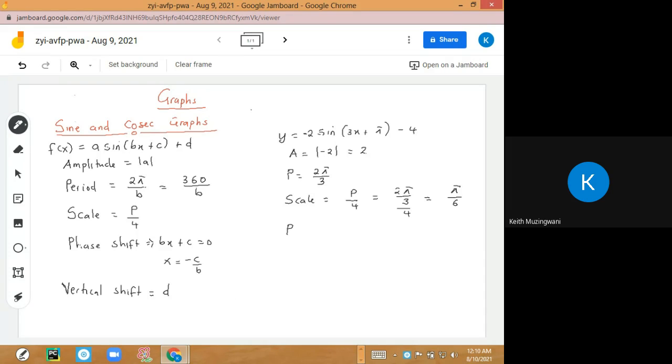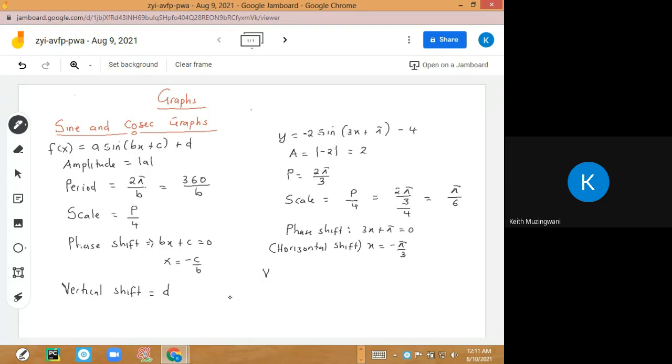Then the first shift, you would get 3x plus pi and equate to 0. So for x, you get negative pi over 3. The phase shift is also called the horizontal shift.